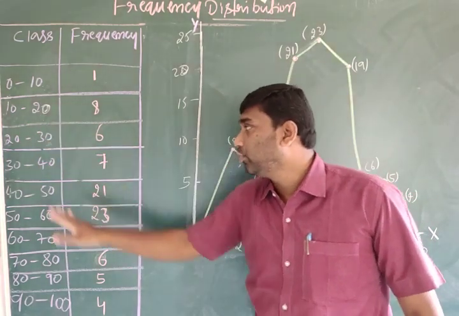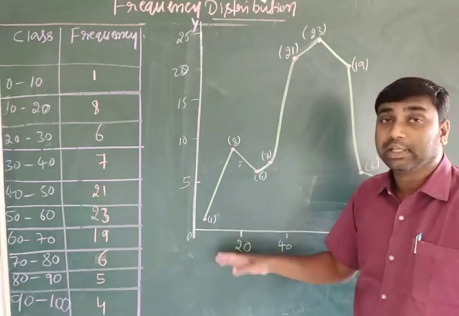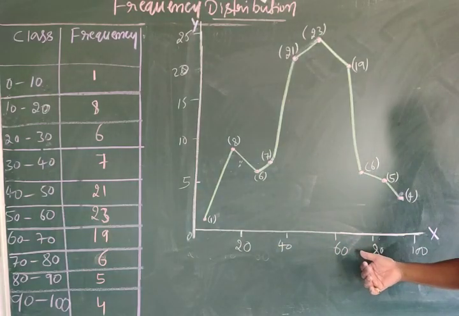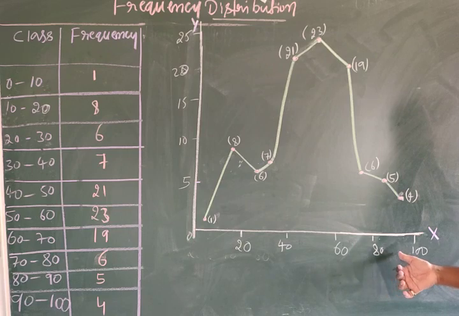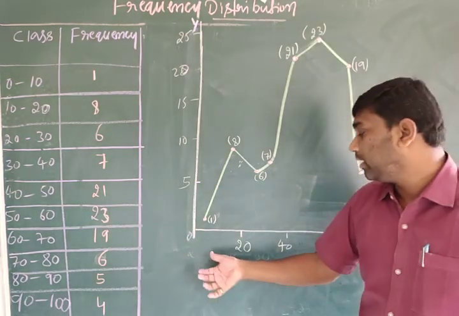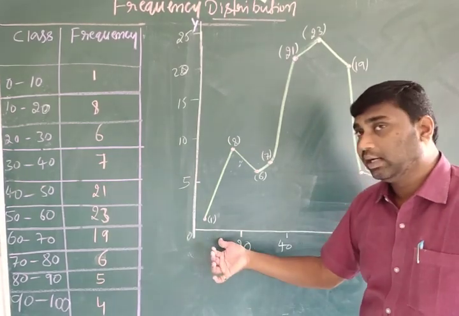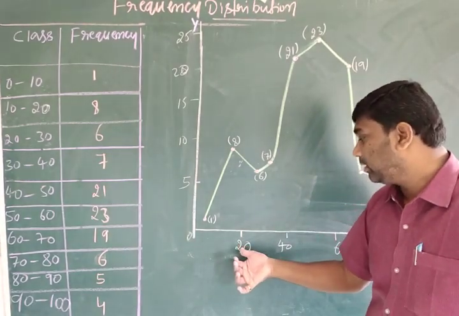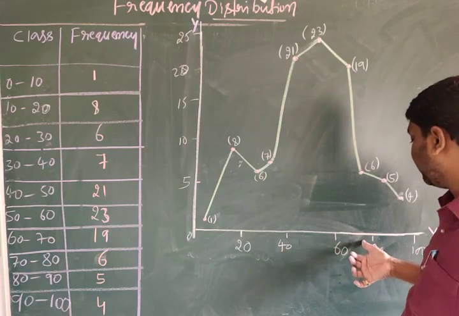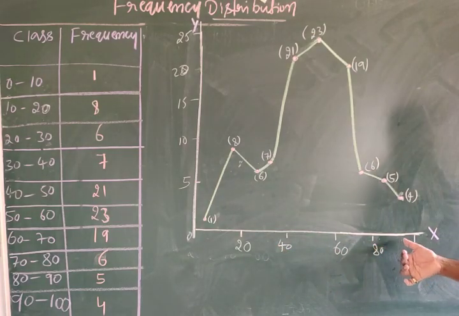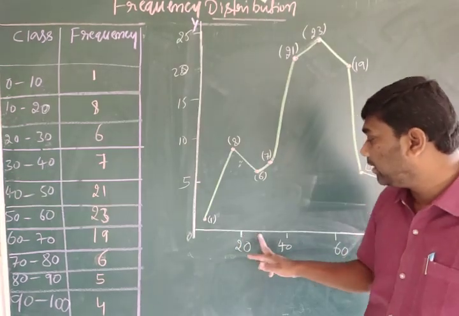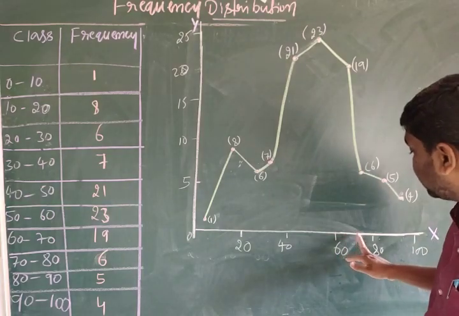0 to 10, 10 to 20, 20 to 30, 30 to 40, 40 to 50, 50 to 60, 60 to 70, 70 to 80, 80 to 90, 90 to 100. For convenience I have written it like this. You can also mention directly 10, 20, 30, 40, 50, 60, 70, 80.